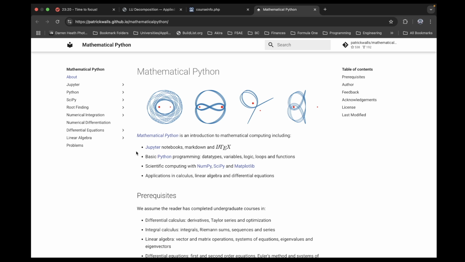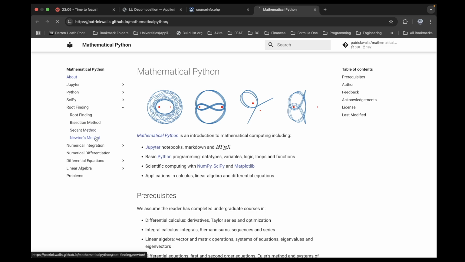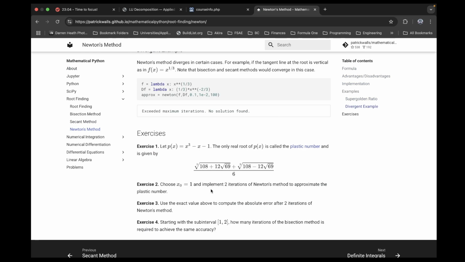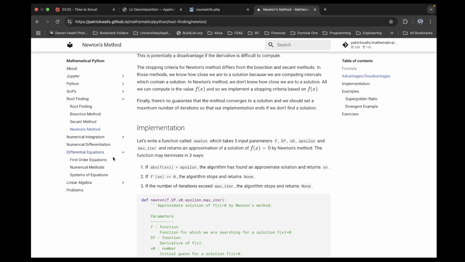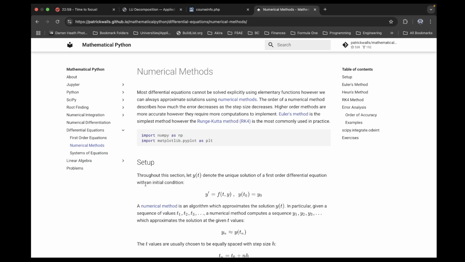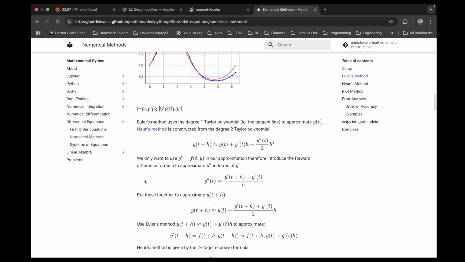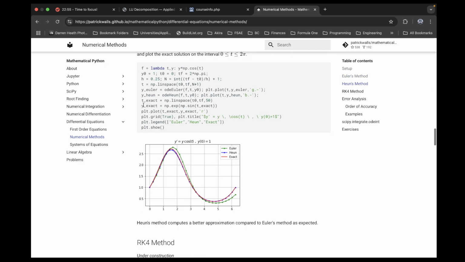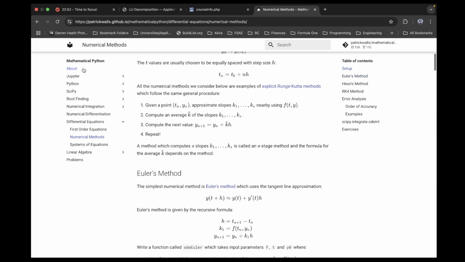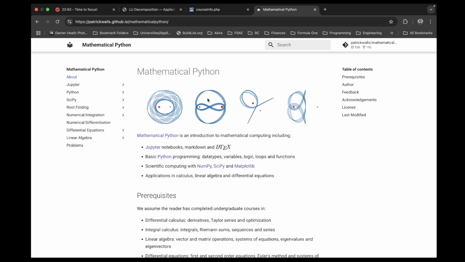Whoa. This is cool. This is very cool. I'll save that.